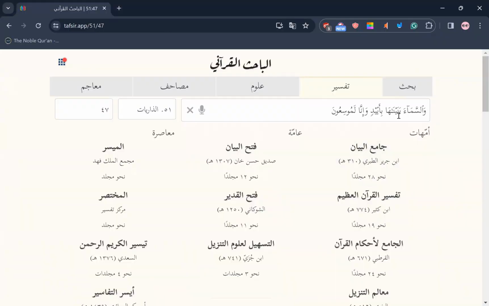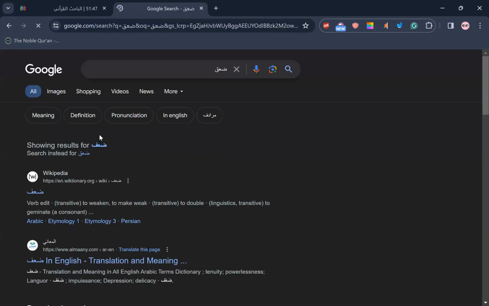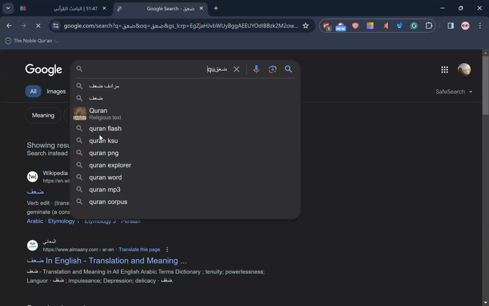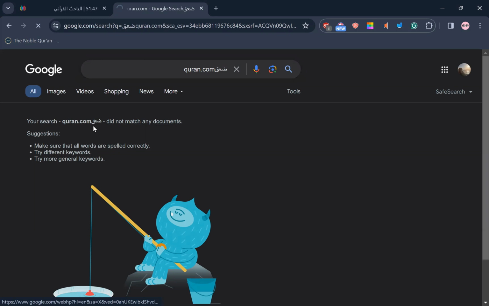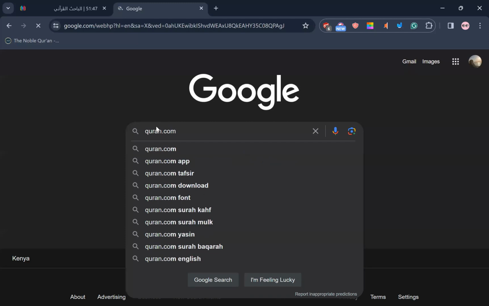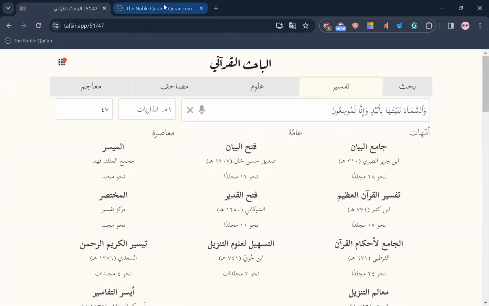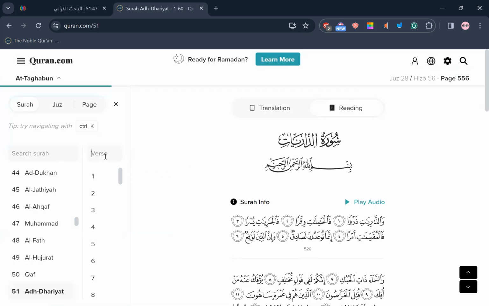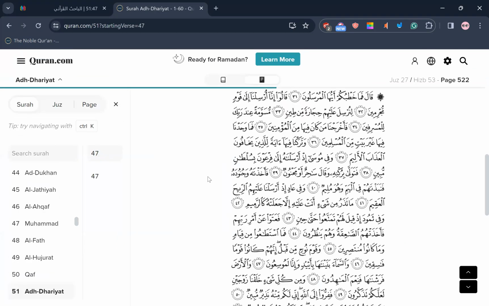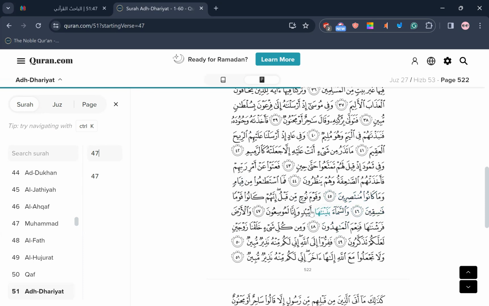Okay, so this is Adh-Dhariyat, verse 47.